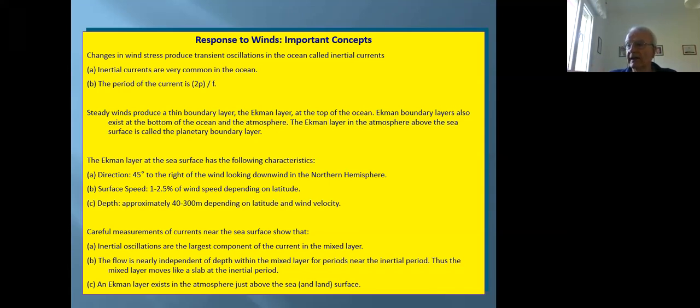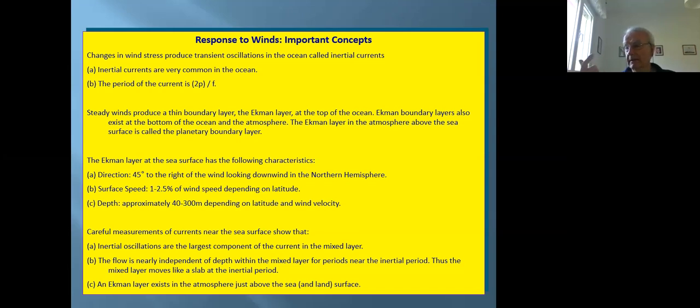So therefore, to the right-hand side with respect to the wind direction.